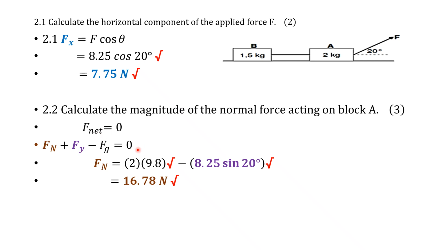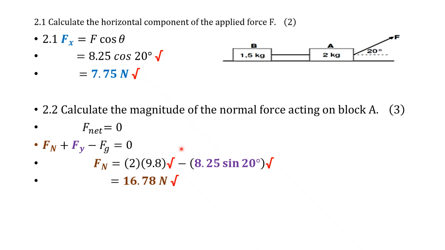If I take Fg over, it becomes positive, and that is 2 kg times 9.8, 1 mark for that. Force in the Y direction, if I take it over, becomes negative, and remember Y would be F sin theta. So there F is 8.25 sin 20 degrees. 19.6 minus the answer there would then give me 16.78 newtons.